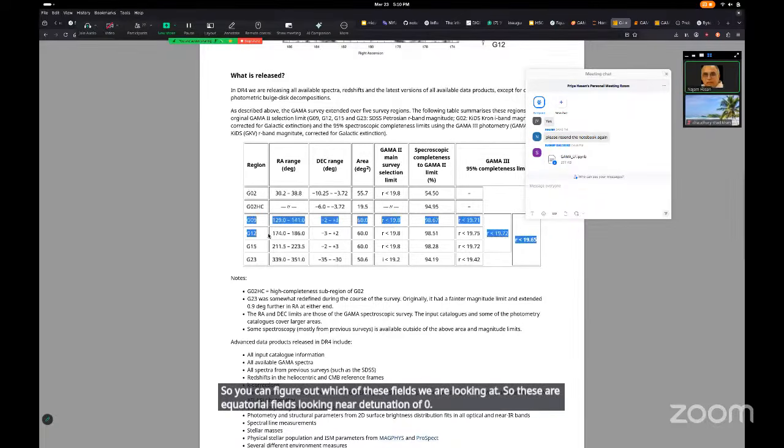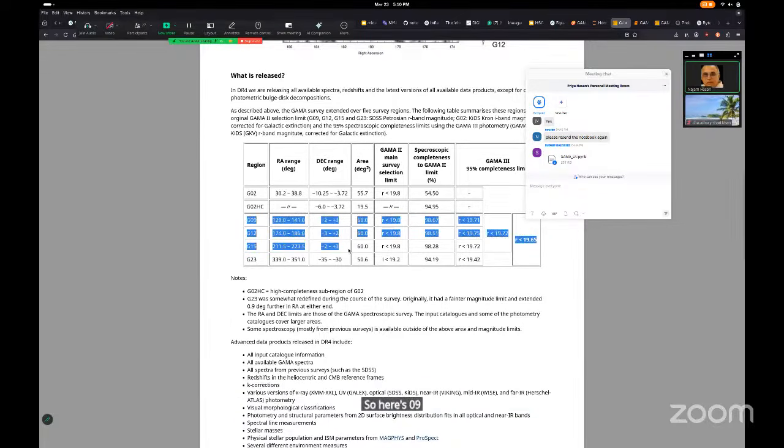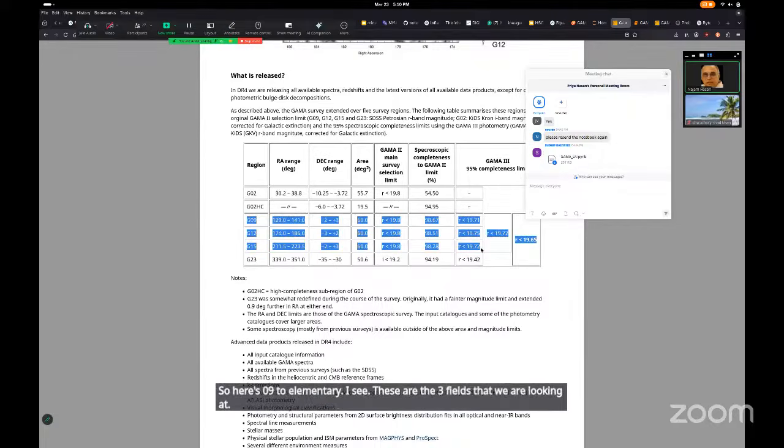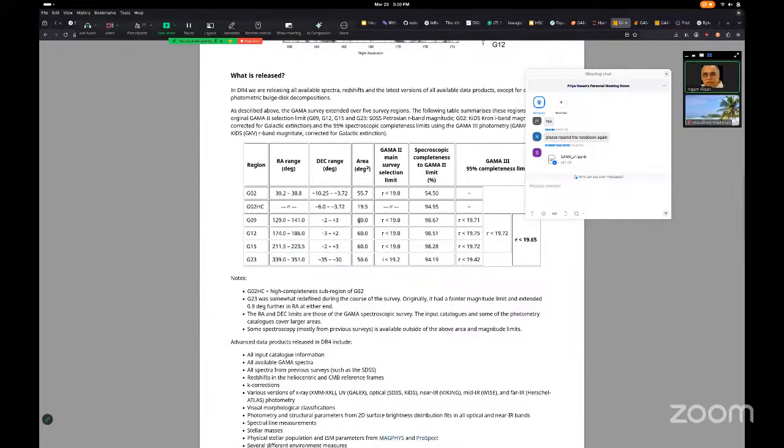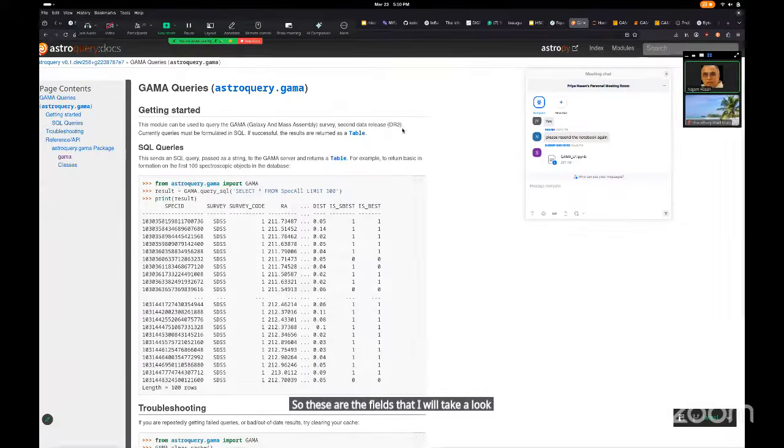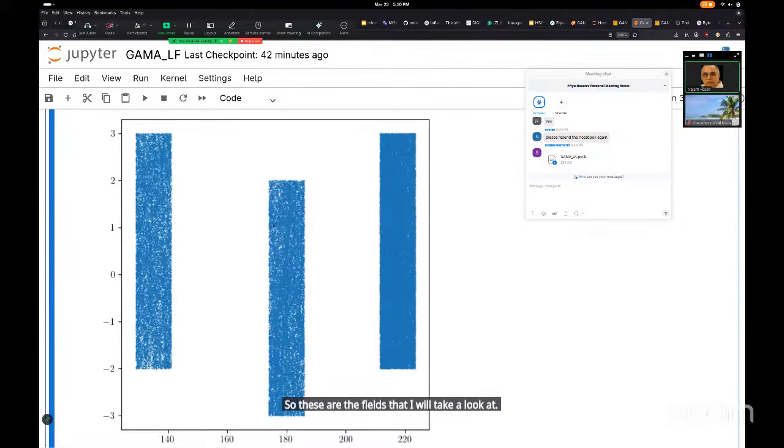So these G09, G12, and G15. I think these are the three fields that we are looking at. And they have an area which is given of 60 square degrees each. So these are the fields that we will take a look at, or we are looking at.